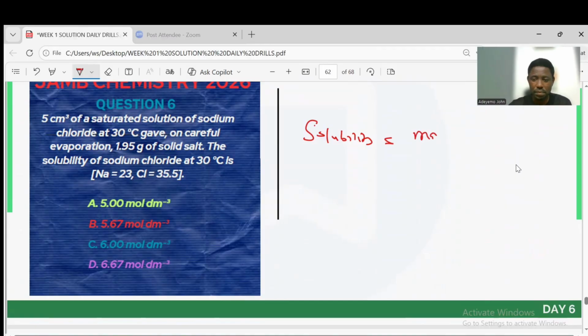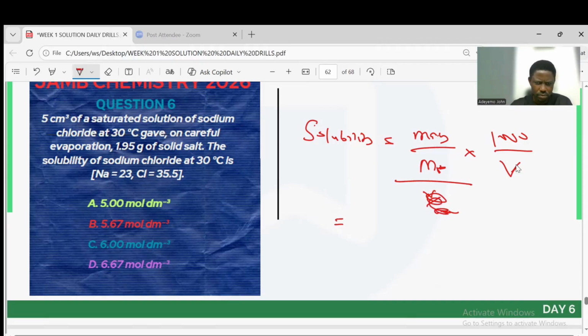Mass of solute over molecular mass times 1,000 over volume of solvent. It's just like mole per dm cube. Mass over molecular mass will give you mole, then divide by the volume. That will be volume over 1,000. By the time you raise it, it forms it. So the same thing, mole per dm cube.